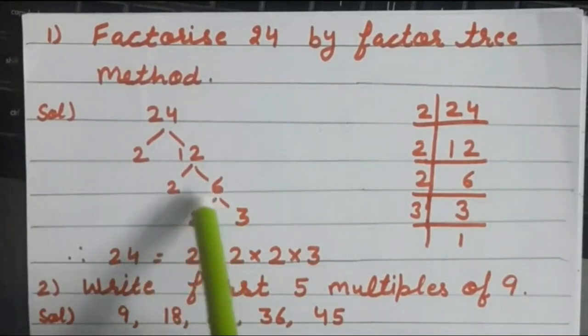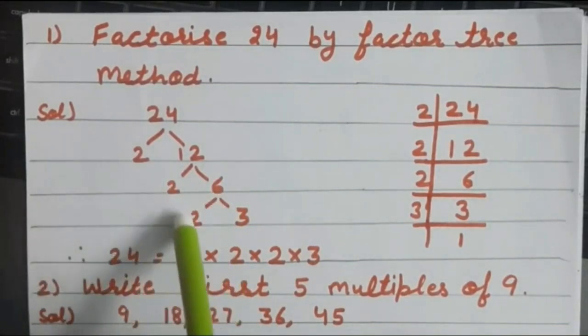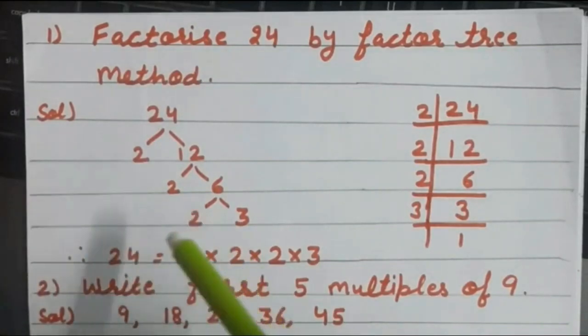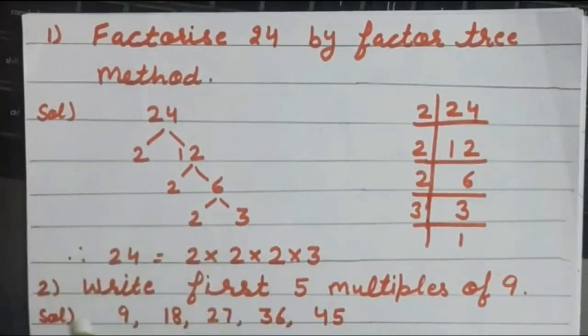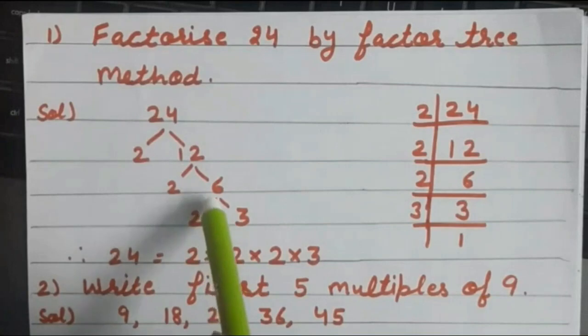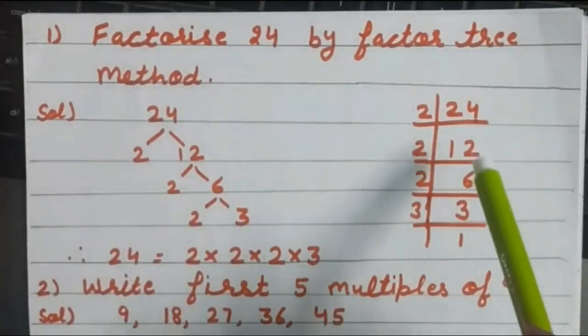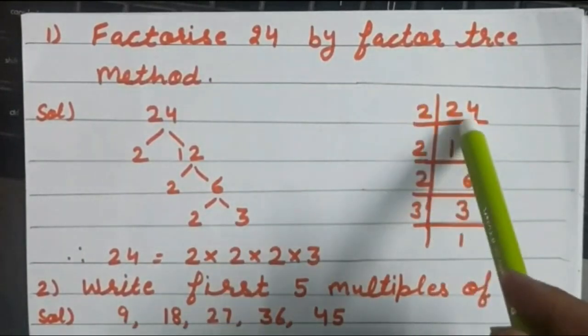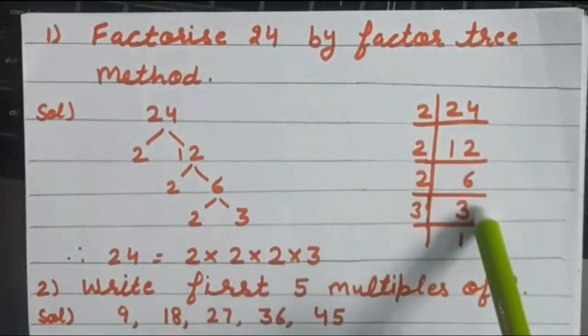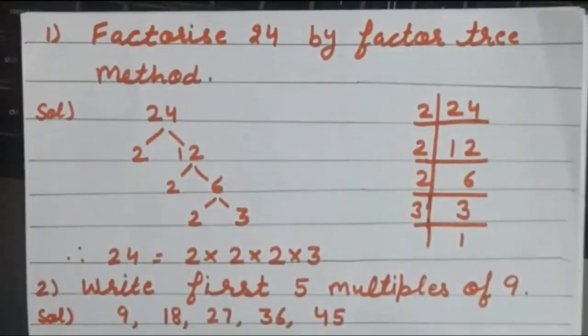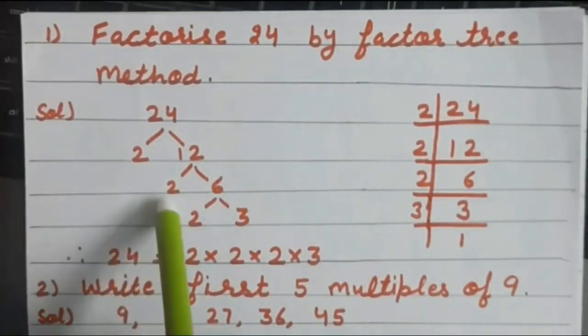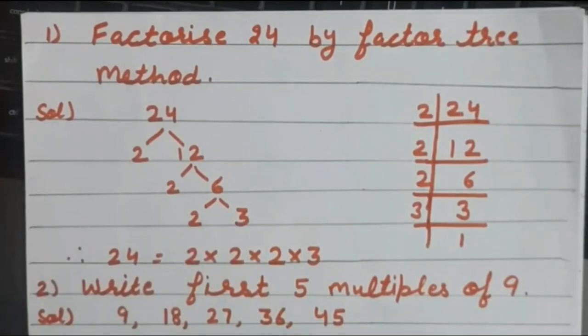Now 2, ये तो प्राइम नंबर है, इनको तो फिर से ब्रेक करने की हमें जरूरत नहीं है, ऑलरेडी प्राइम है. 6 will become 2 into 3. Check from here. 2 into 12, 2 into 6, 2 into 3. Okay. So prime factorization for 24 is 2 into 2 into 2 into 3. And this is our factor tree method.